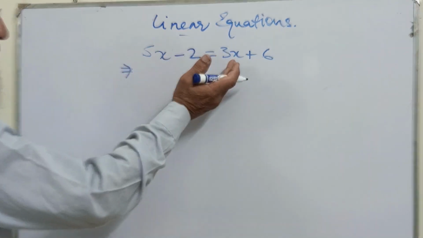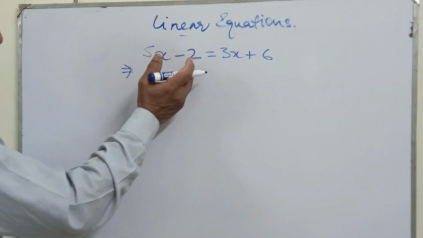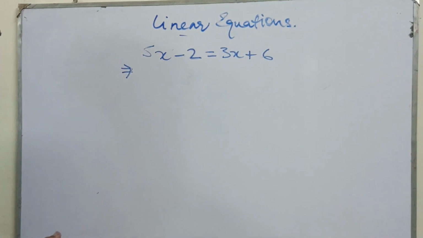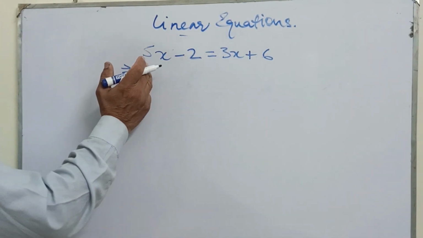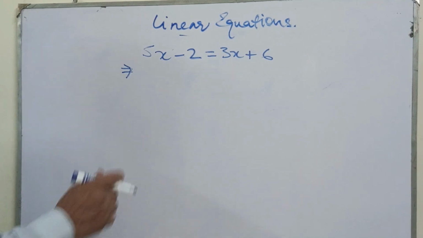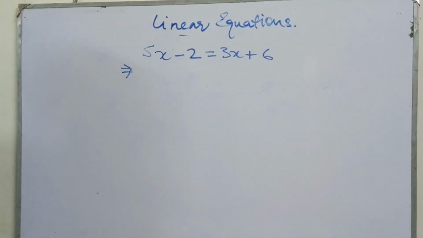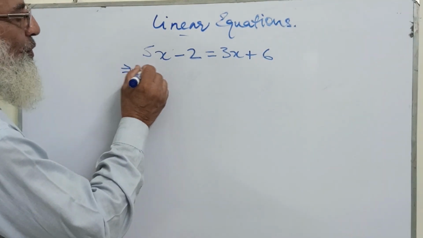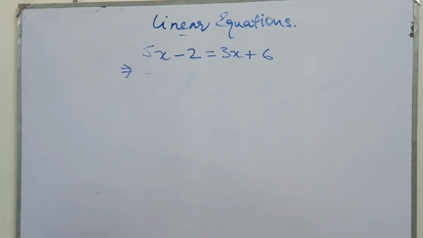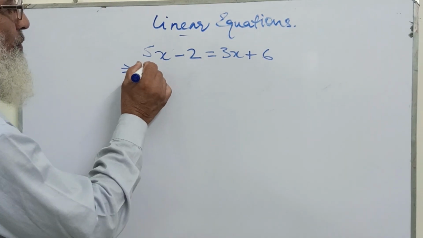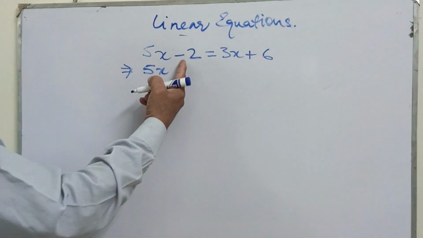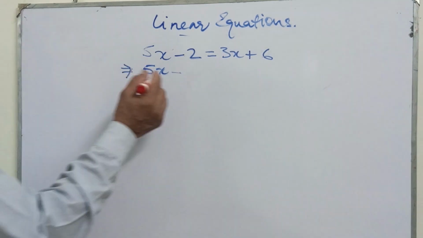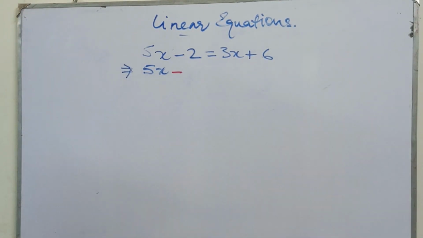Now let me proceed. First of all, we'll bring the x's together on one side and the constants on the other side. This is the long way of doing it, and your book also states it. First of all, we'll eliminate this 2 from here.